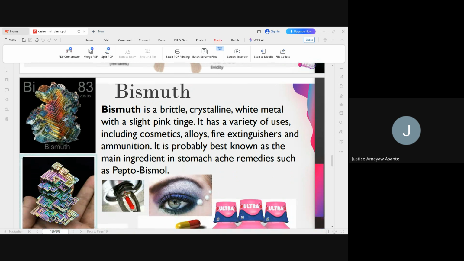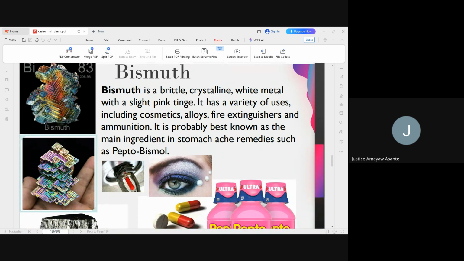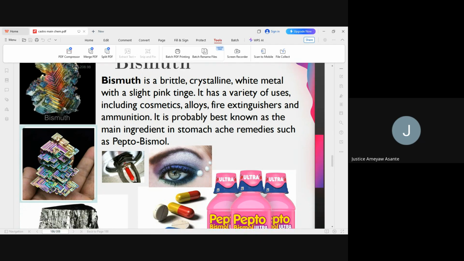Then another metal in group 3 is bismuth. It is a brittle, crystalline, white metal with a slight pinkish tinge. It has a variety of uses, including cosmetic alloys, fire extinguishers, and ammunition.